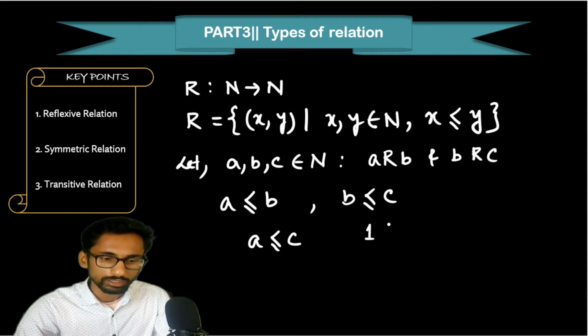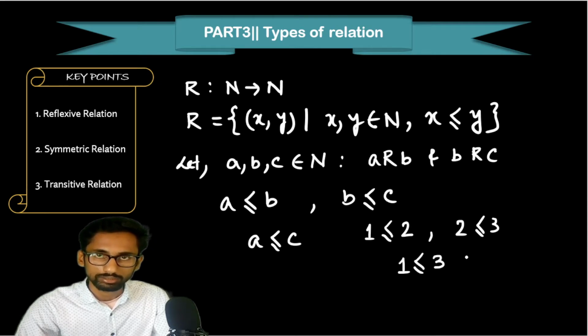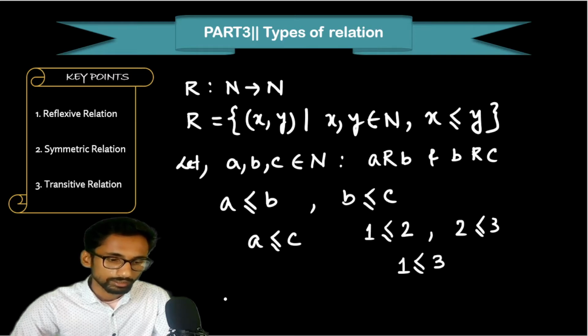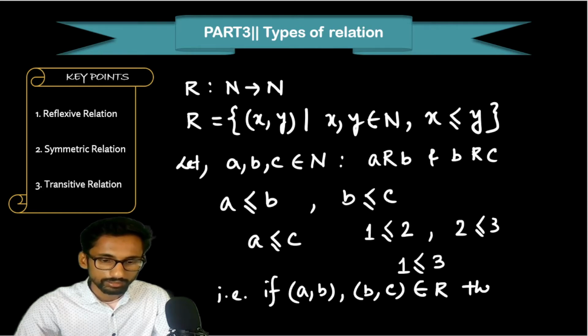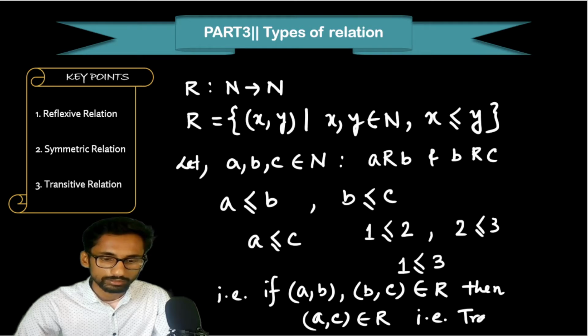Suppose 1 is lesser than or equals to 2, 2 is lesser than or equals to 3, then for sure we can write that 1 is lesser than or equals to 3. That is, if A comma B and B comma C belong to R or satisfy the relation, then A comma C also belongs to the relation. That means it is transitive.